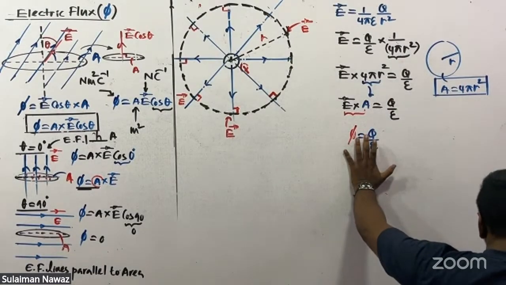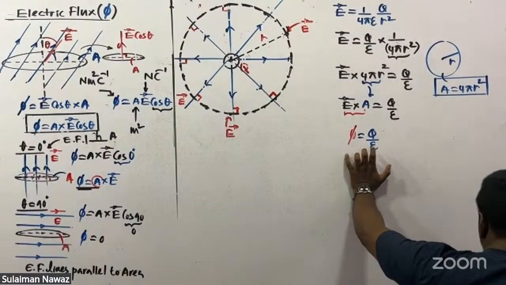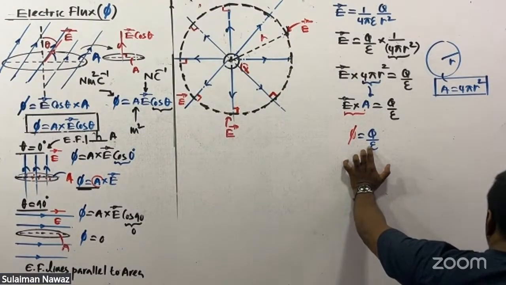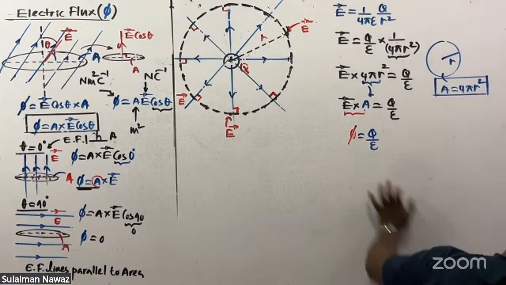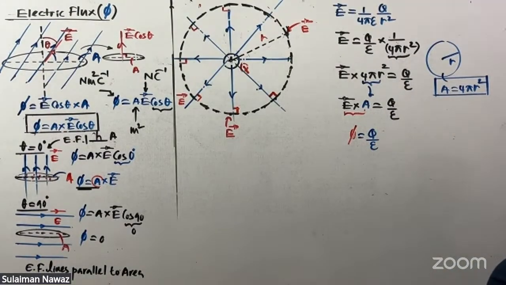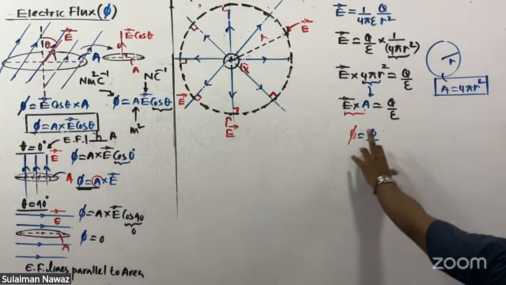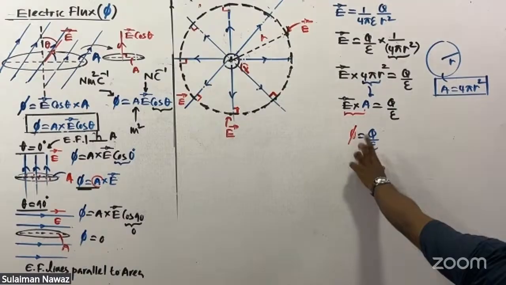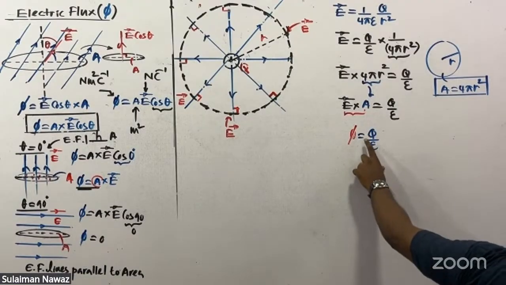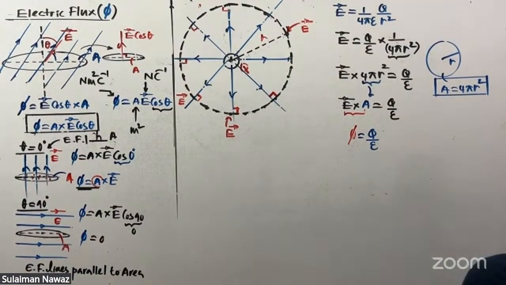One is the charge Q, the other one is the permittivity, that is the constant which depends on the electric property of the medium. Number one is charge. Number two is the medium. Right.